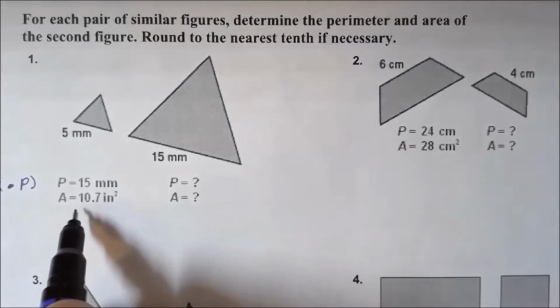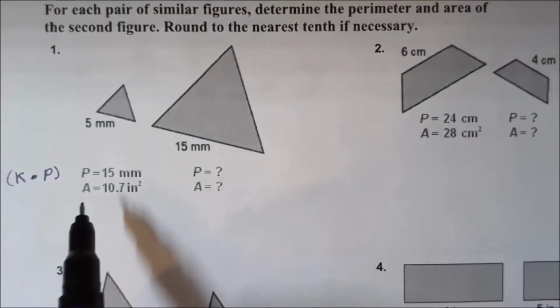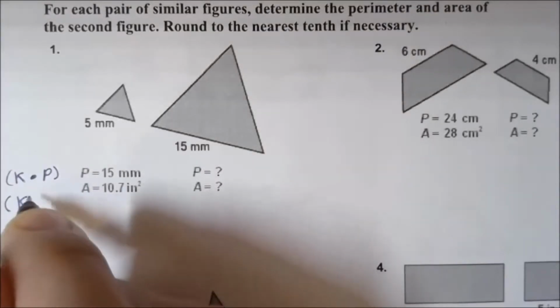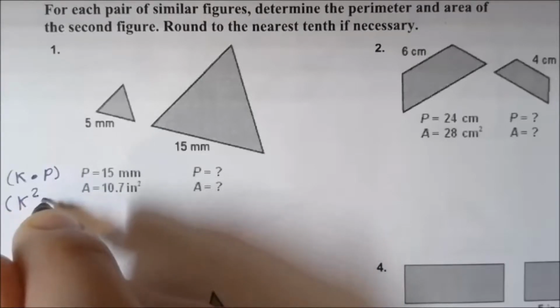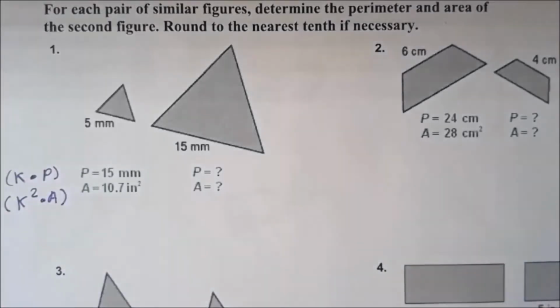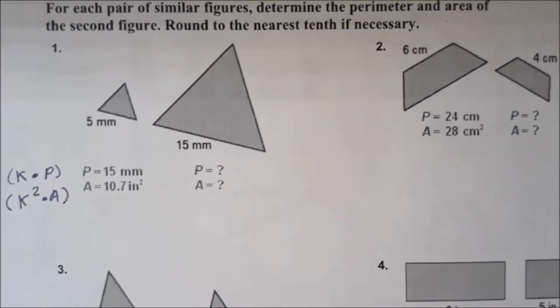When we're dealing with area, we take the scale factor, square it, and then multiply that to our area, and that gives us our new value. It's really that simple. That's all we're going to do to every figure, it doesn't matter which one it is. We're going to try that out on some of these, just like we did in our Cornell notes, and I'm going to get you started and then you'll do the rest on your own.